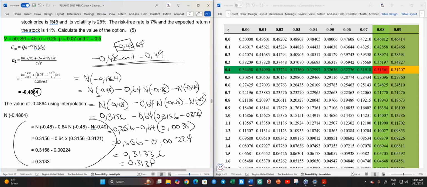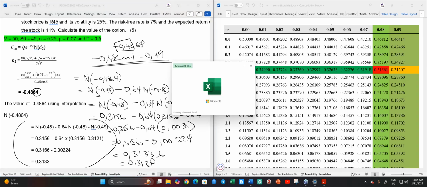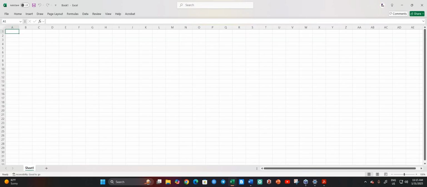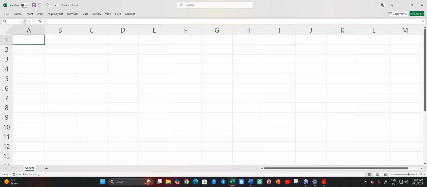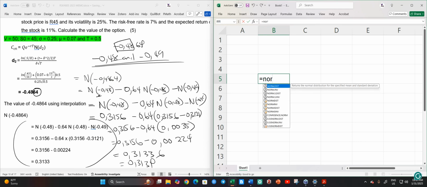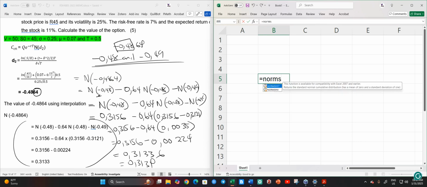Then the other way of doing interpolation is to use Excel. Let's try to interpolate using Excel. Let me open a new workbook. So you see the value that we have here is minus 0.4864. So you can just come and say that's equal to NORM.S.DIST, remember it's this.